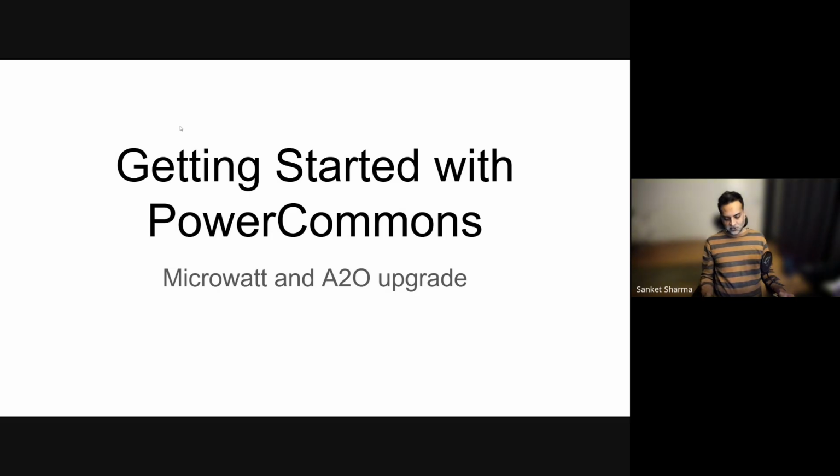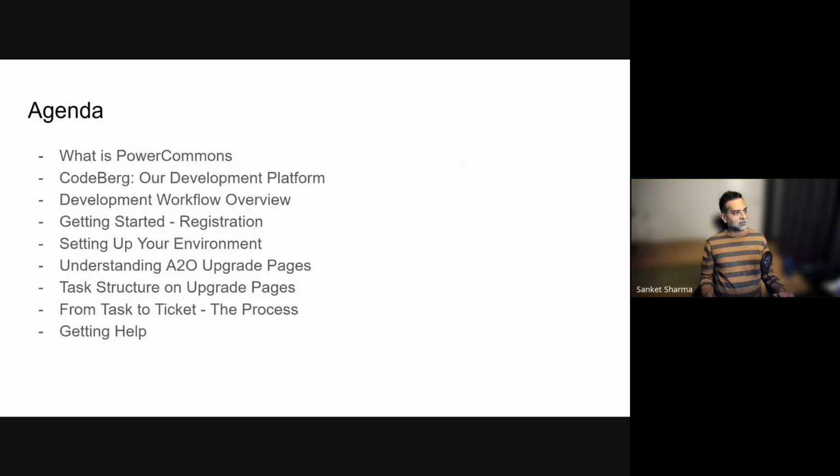So just an overview of the project, the agenda. We're going to talk about what is Power Commons and what is its relationship to the A2O project, A2O Core project, Microwatt. What is Codeberg, the main development platform that we're going to be using? How does it work? Why we're using Codeberg over GitHub and all of that. An overview of our development workflow, looking at what's available, how to pick a task to work on, and how to submit the work that you've done.